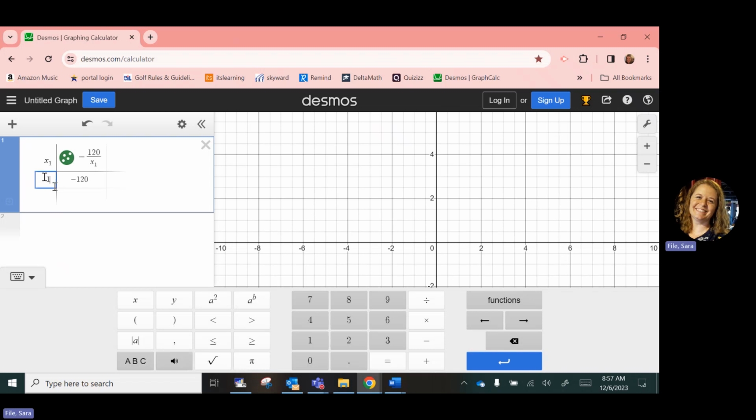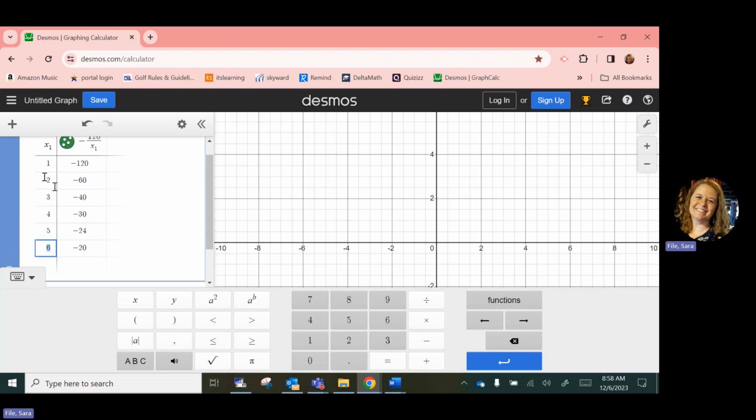And then start typing in. See, I'm seeing all these possible factors, not decimals. Decimals don't count. And there it is, 8 and 15. And we just had to figure out the signs. Does that make sense? Remember, you can find factors using Desmos if you don't know them or have trouble finding factors in your head.